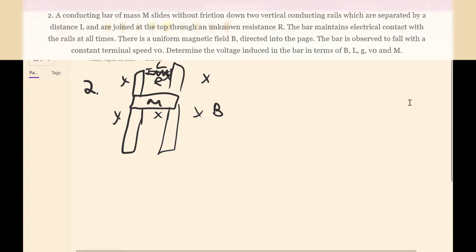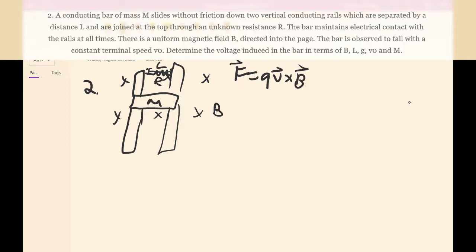Anyway, to find the voltage, we know that the force F is equal to qv cross B. This is a pretty standard equation that is one of the first things taught in electromagnetism.